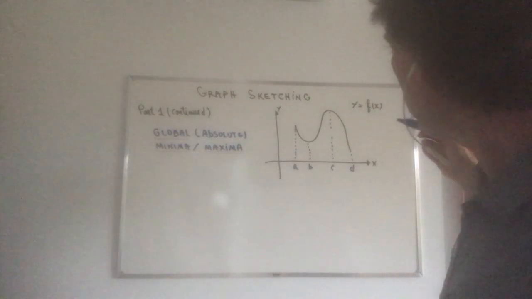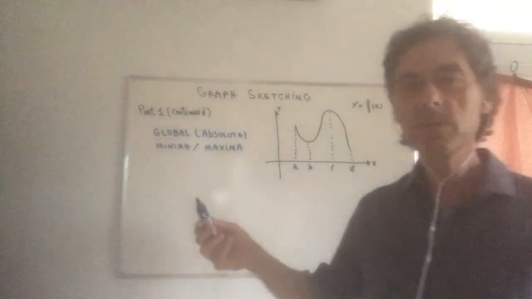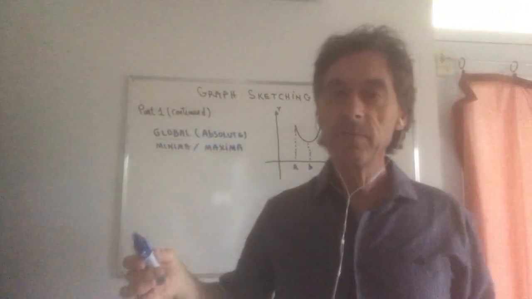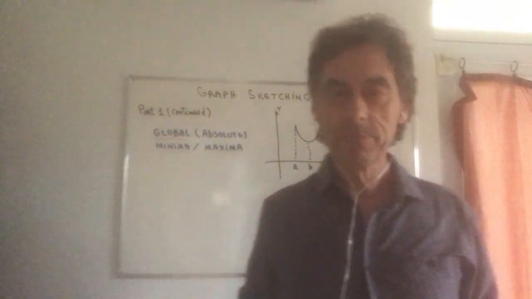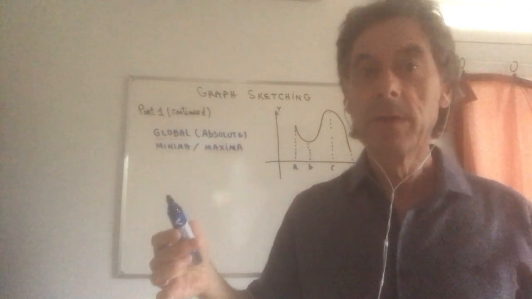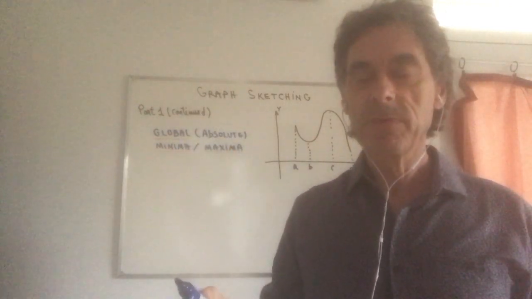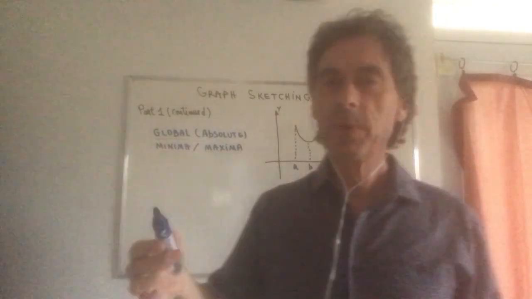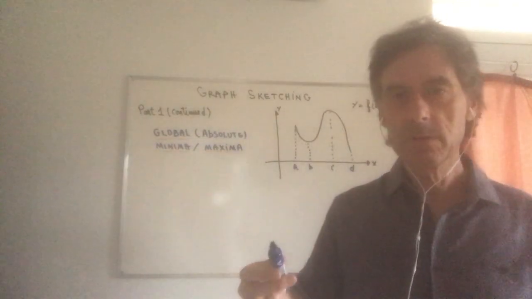So basically, the difference between absolute and relative will actually be shown here. A relative min or a relative max, you remember, is a point where the first derivative is either equal to 0 or does not exist. So what's the difference between relative and global?